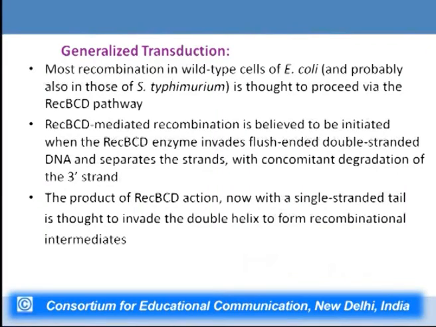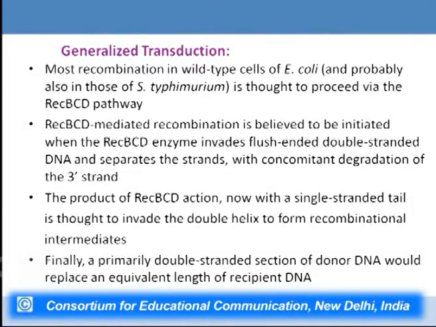The product of RecBCD action, now with a single stranded tail, is thought to invade the double helix to form a recombinational intermediate. The RecBCD complex of proteins produces single stranded ends in both the strands of the DNA, and this particular arrangement is responsible for invading the double helical DNA of the host chromosome, and it leads to formation of recombinational intermediates.